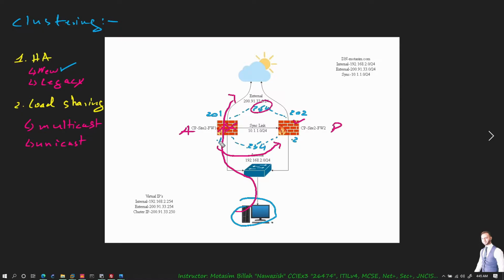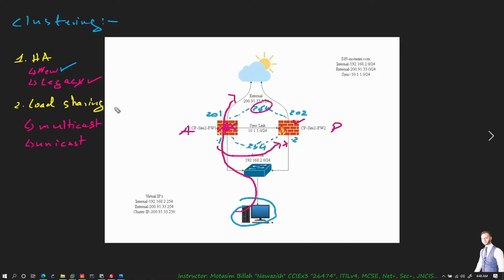Let's say right now it is .1 here. If this goes down, this .1 would be assigned here, and this .1 would be the gateway of all the internal users. So that is legacy, where you would not have a virtual IP address, and in new mode you will need to have a virtual IP address.